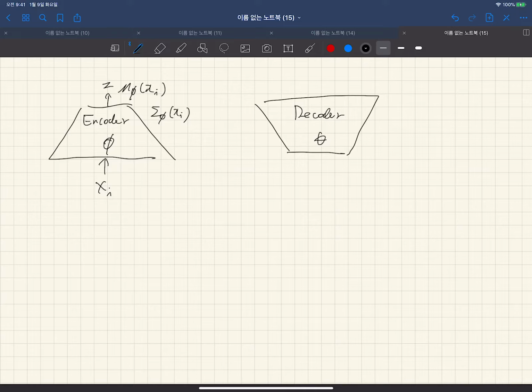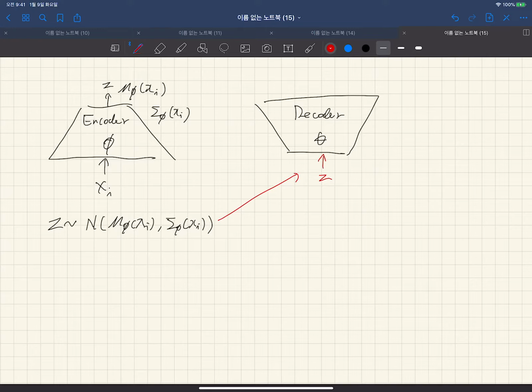Okay, so we assume z follows a normal distribution, and from this distribution we randomly generate the latent variable z.